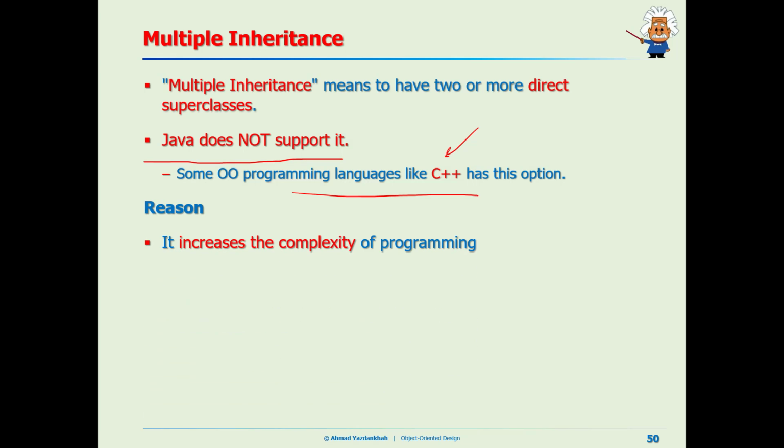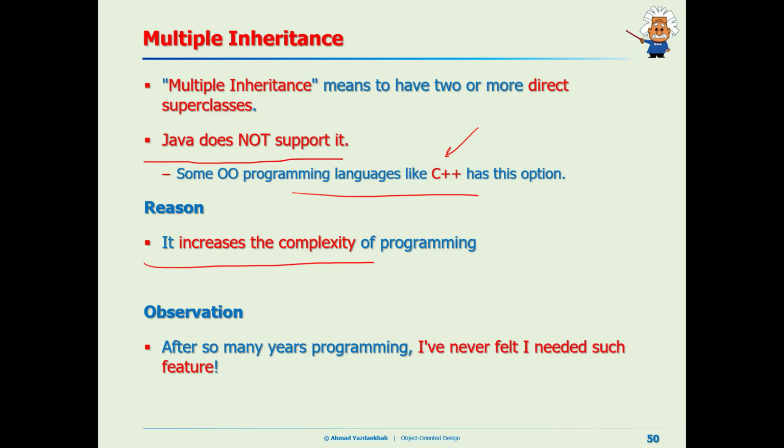And the reason is because it increases the complexity of the code, right? As a developer for many, many years, let's say 3 decades, I have never felt that I would need to do something like this. So this is an observation from a veteran developer's point of view.